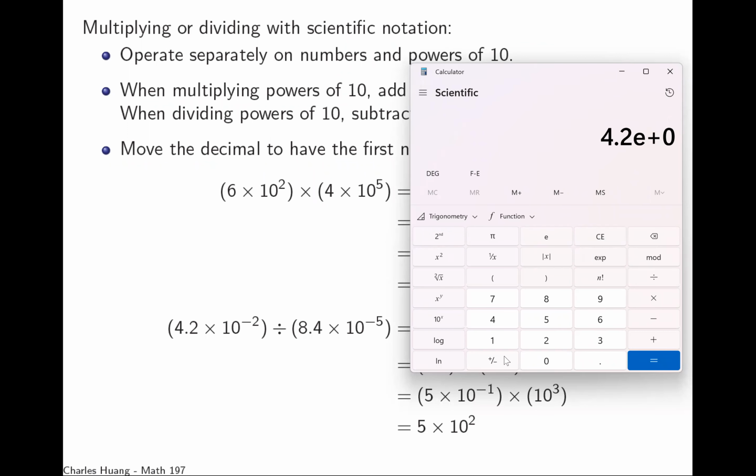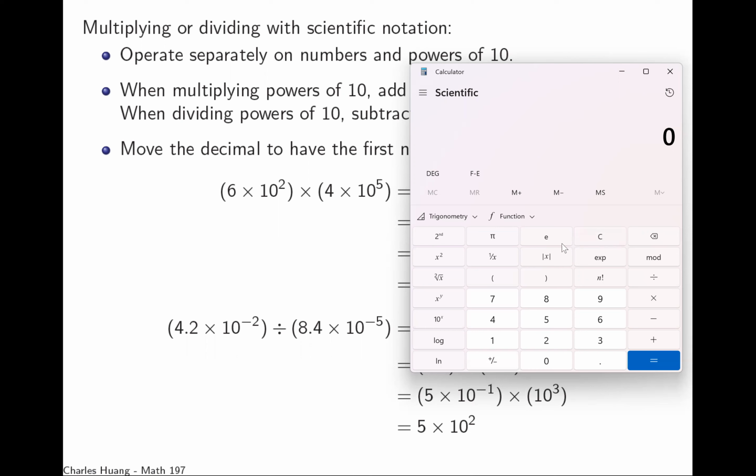Some calculators require you to put the negative sign second. So here I can put negative power of 2, and I divide it by 8.4, and I press this button, and then 5, and negative. So we get 500, the same.